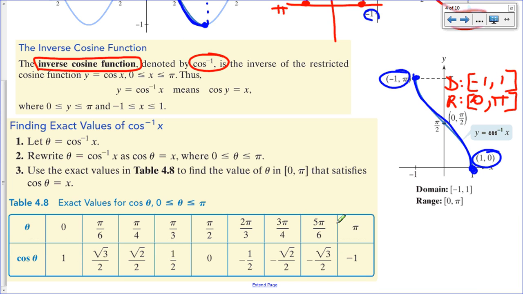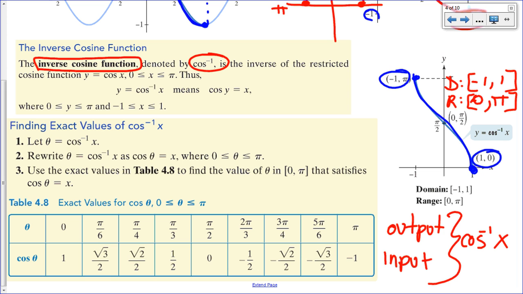All right, so I'm going to ask you guys some questions now. Remember, this will be the input, and this is the output, the angle, when we talk about cosine inverse. Raquel, what is the cosine inverse of negative 1? Very good. Crystal, cosine inverse of 1/2.